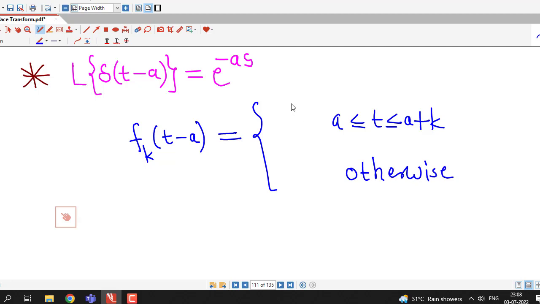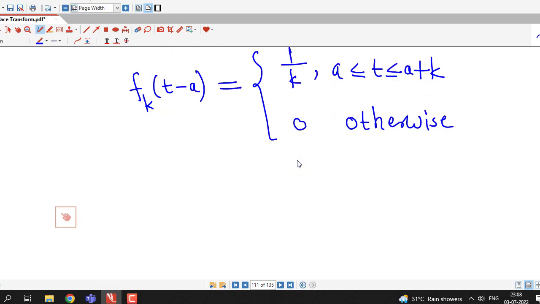The value of this function is 1 by k and 0 outside. If we want to obtain the Laplace transform of this function, first we express it in terms of the unit step function. So we consider this interval whose endpoints are a and a plus k.